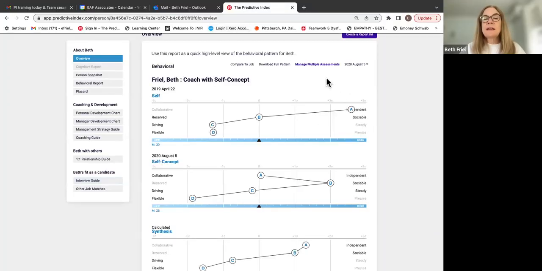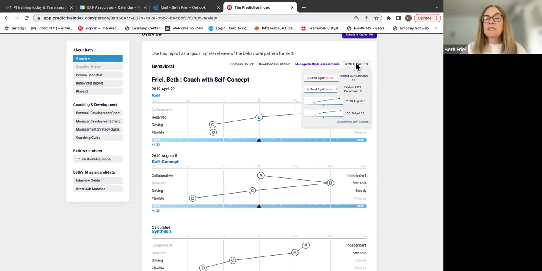Again, if you use the same email address, which is the key, you'll get this when you hover over the date, you'll see each one. And then you can take the original and do self-concept, but let me use this caveat. If you want a new behavioral report, either delete the first assessment or use a different email address, because the behavioral report is always going to be run off the original, the one with the oldest date.